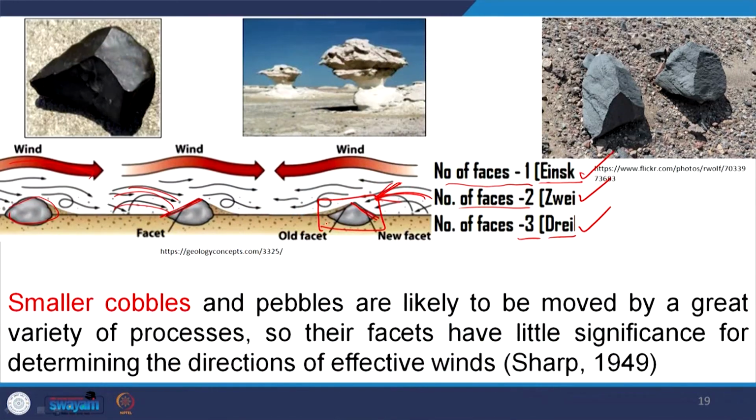Smaller cobbles and pebbles are likely to be moved by a great variety of processes, so their facets have little significance for determining the direction of effective winds. That is why in this case we do not consider the smaller ones, because by increasing wind speed or by animal activities, these small pebbles and cobbles change their position.